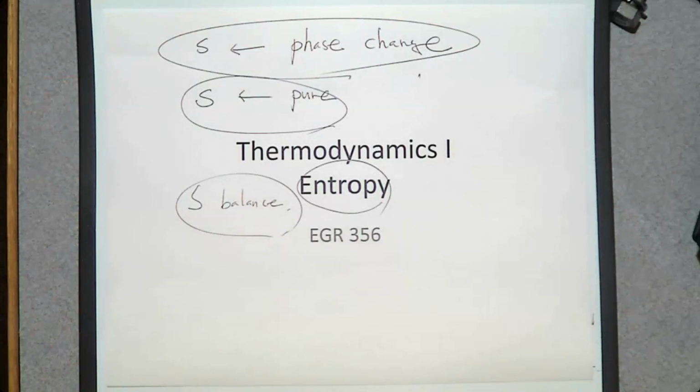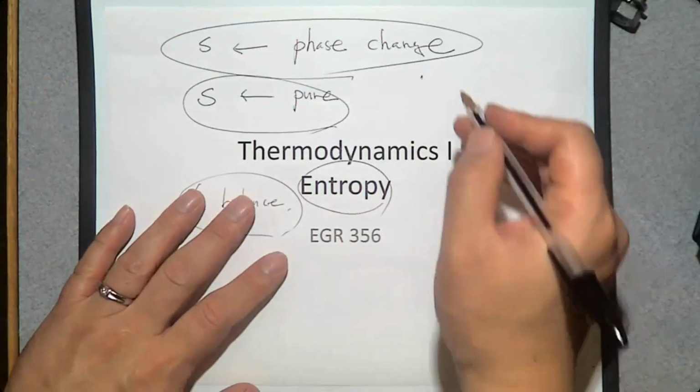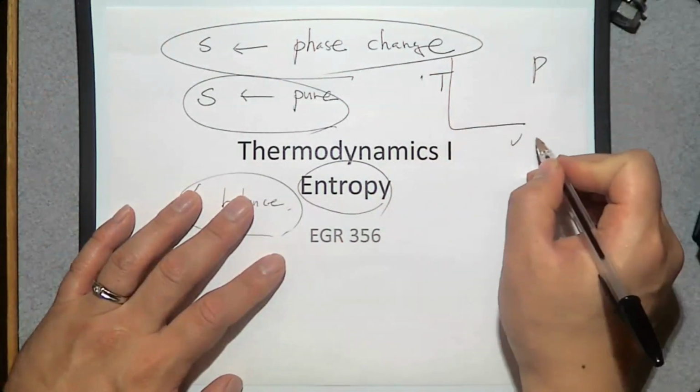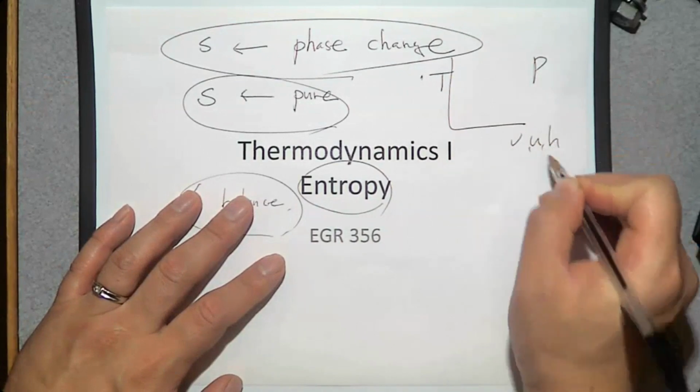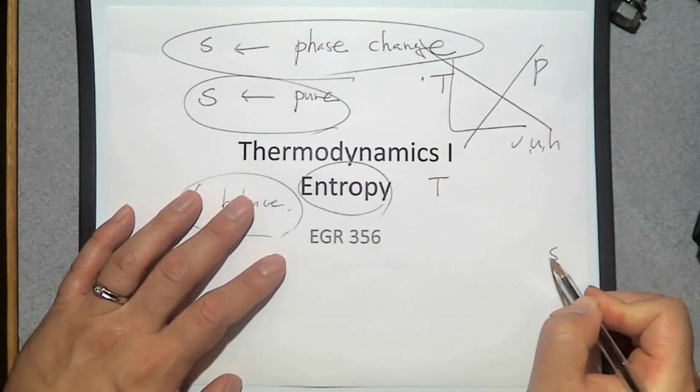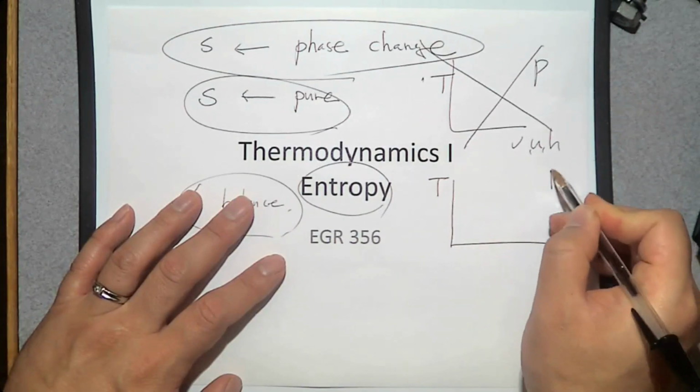Then how can we determine this entropy S? For a phase change material, we use the same rule. We make a property diagram. You remember property diagrams such as the T-v diagram for a given pressure, or T-u diagram, T-h diagram, right? For entropy, we use the T-s diagram for a given pressure.